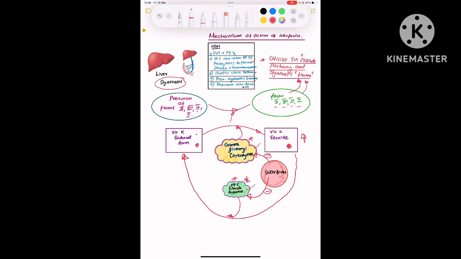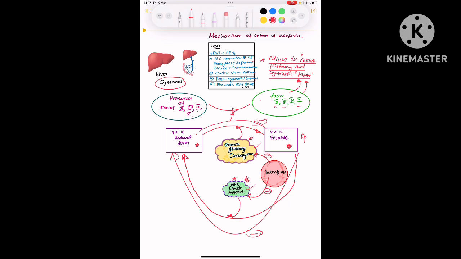Without these two enzymes, the conversion of vitamin K into vitamin K epoxide is inhibited, and the conversion of vitamin K epoxide back into the vitamin K reduced form is also inhibited because of the lack of these two enzyme activities, right?